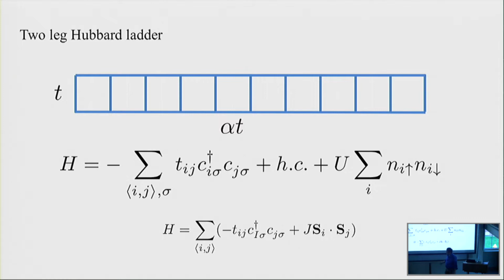Horizontal and vertical are different, and then the t-J model, the Hubbard model on the ladder, would be this usual form, except that the hopping you can tune, and then the on-site interactions between different spins. And then one can also write the corresponding t-J model. This is understood to be no double occupancy, although it is deceptive to just write it like this, but this means that I'm working in the subspace of no more than one fermion per site.